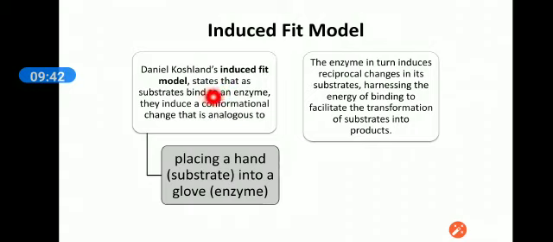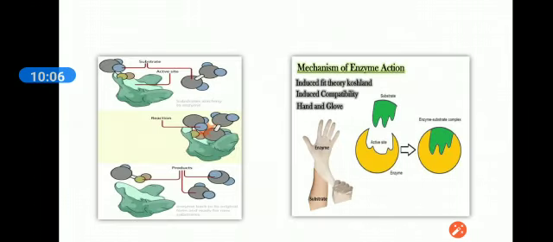The induced fit model states that as substrates bind to an enzyme, they induce a conformational change that is analogous to placing a hand into a glove, in which we can assume the glove as the enzyme and the substrate as the hand. The substrate fits in as a hand, and it induces conformational changes at the active site.